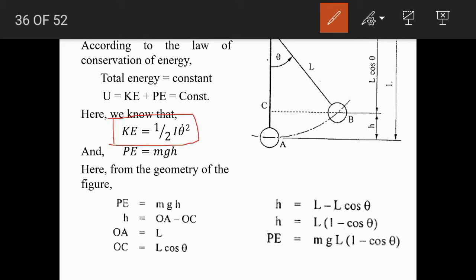For a linear system, kinetic energy could be given by 1/2 m v square, but here the system is having angular deflection, so instead of mass we have inertia I, and instead of linear velocity v we have angular velocity omega, and omega is nothing but theta dot, that is the first order differential with respect to time of angular displacement.